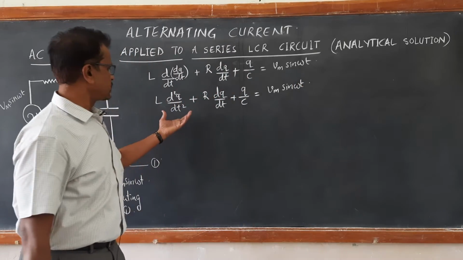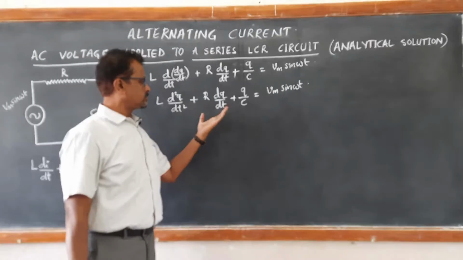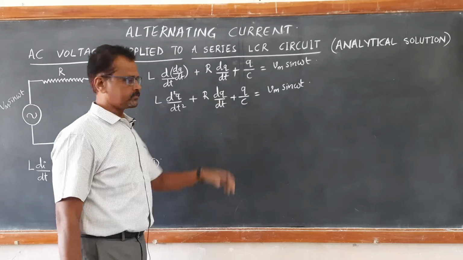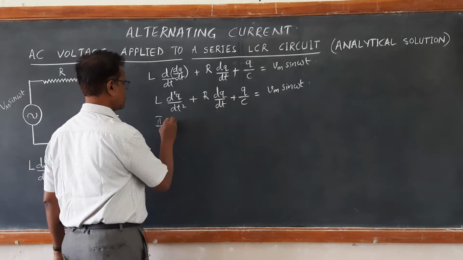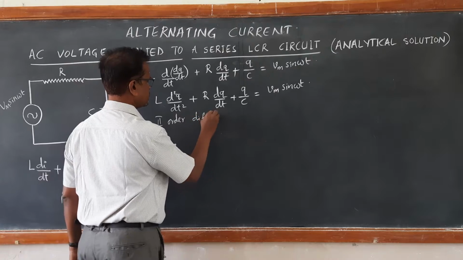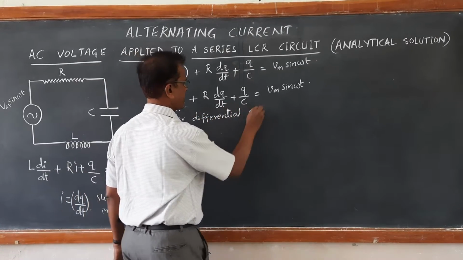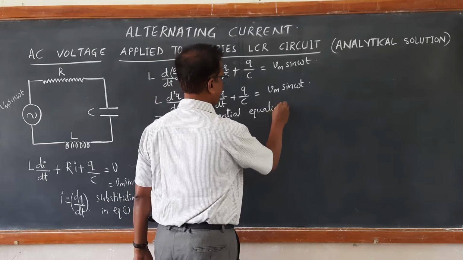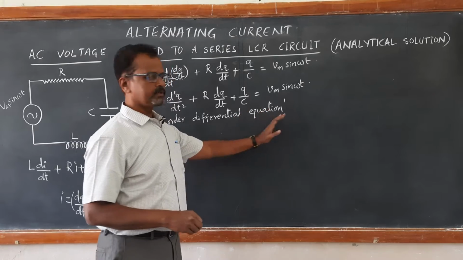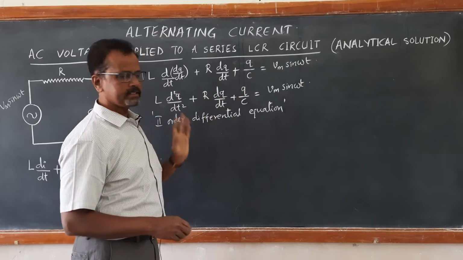So this is called a second order differential equation in the unknown quantity Q, and we need to find the solution for Q.